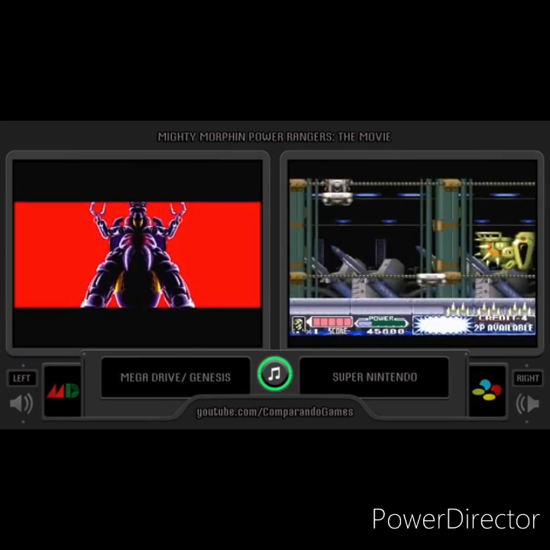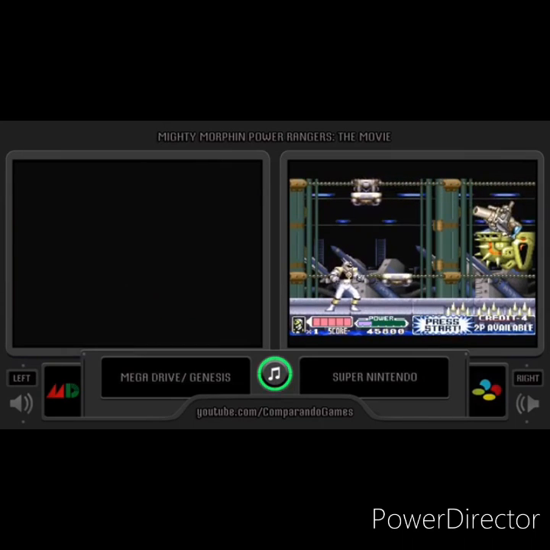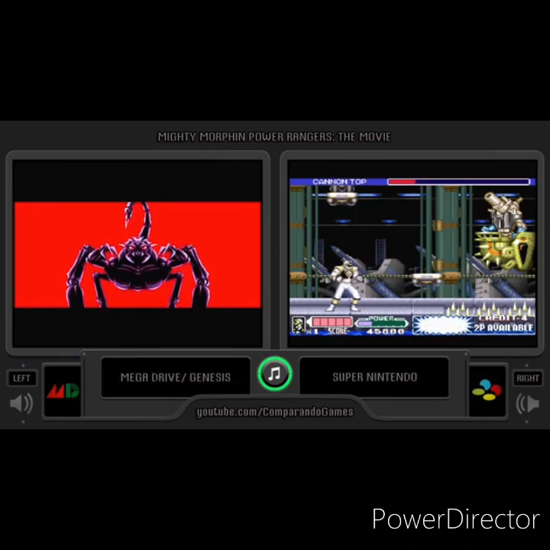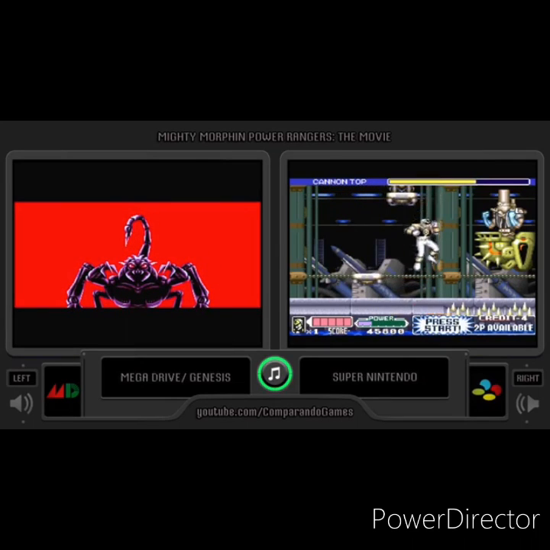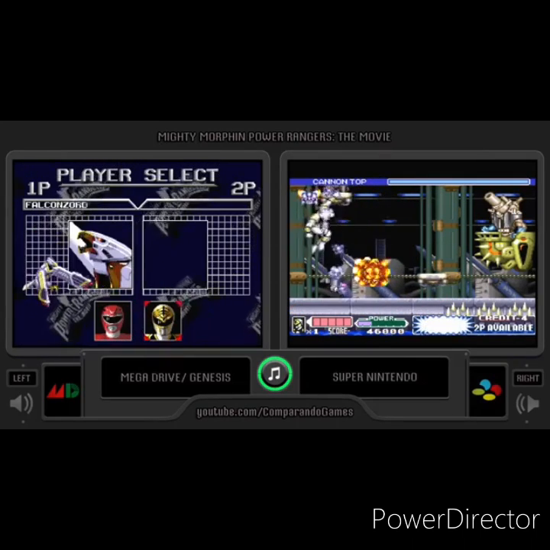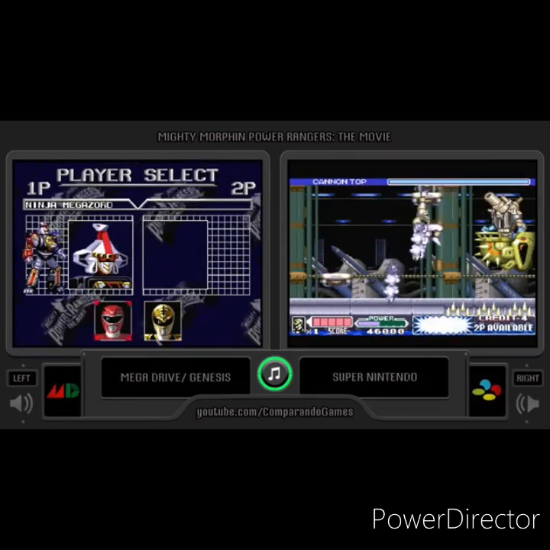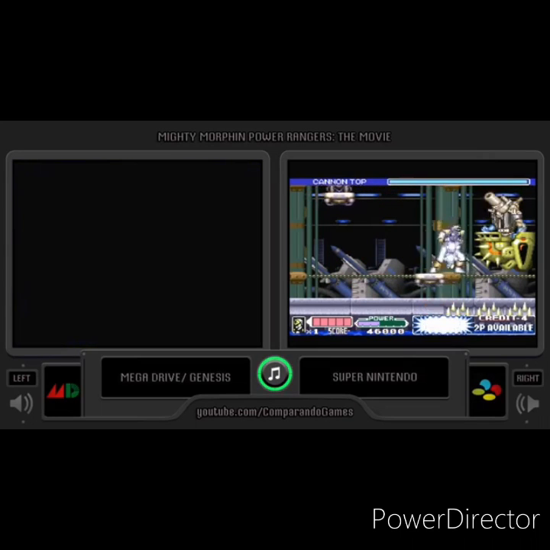Okay, so now they're about to face the first two monsters on the Sega game, the Red Scorpion and the other one. I even like the way they made the swords because they look just like the series.